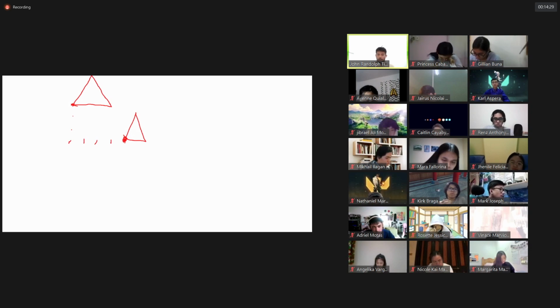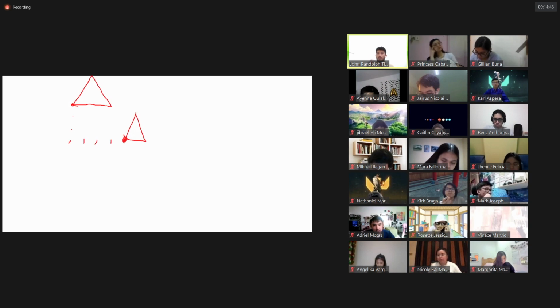Yung nasa bandang taas na malapit sa x-axis, yan yung kanyang translated. And then, followed by a reflection about the x-axis. So look at the reflection, bandang taas. So that's how you apply reflection, translation, and glide reflection, which is a combination of translation and reflection.